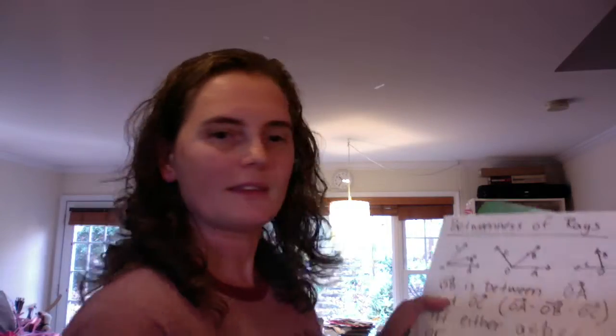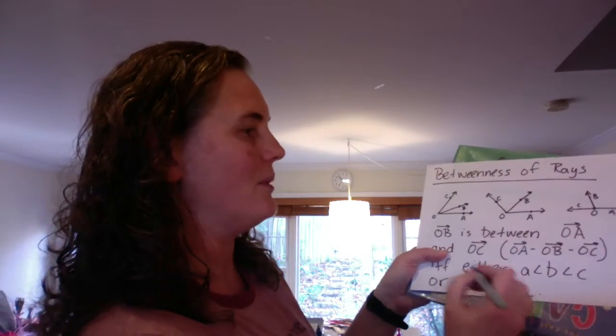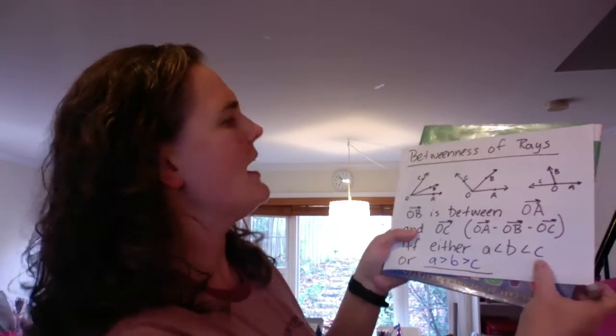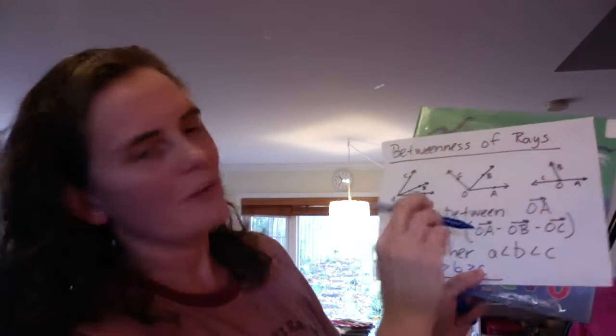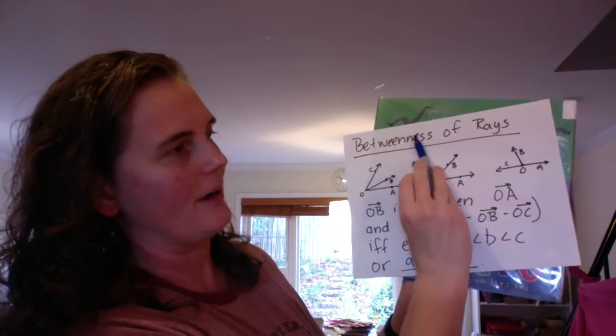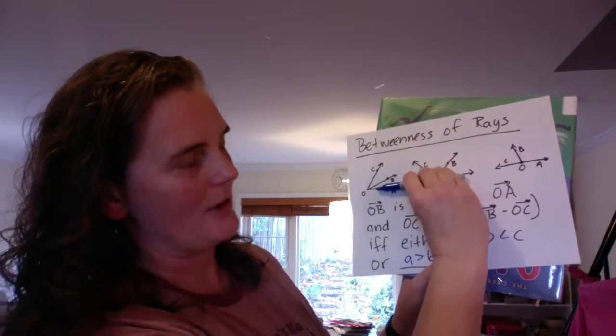I'm guessing that you got it. A would be greater than B, which is greater than C. So when you measure an angle, you start from this side, and the angle measure gets greater and greater until you eventually get to 180 degrees.